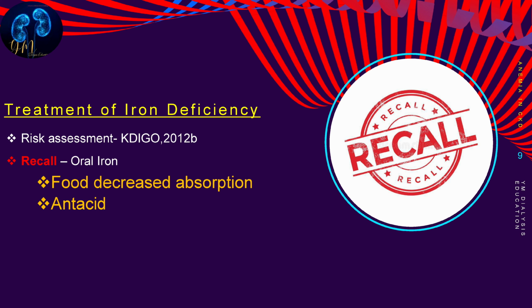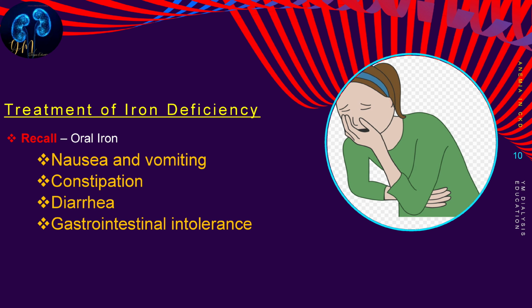Antacids interfere with absorption of iron and should not be taken within 4 hours of taking oral iron. Oral iron can cause nausea, vomiting, constipation, or diarrhea, and this seems to be dose dependent. People who have gastrointestinal intolerance to oral iron tablets may experience fewer side effects with ferrous sulfate elixir.